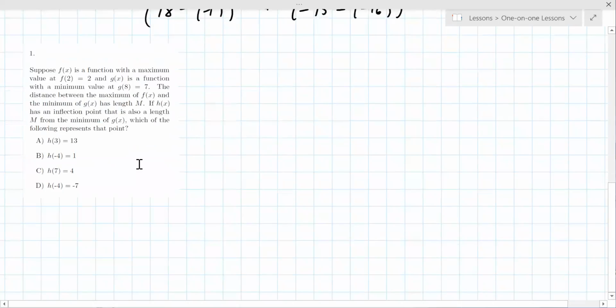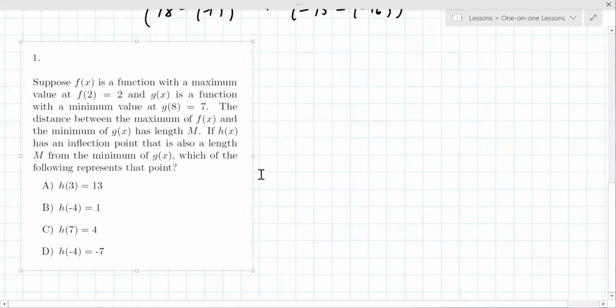So let's look at this question. It comes from a different exam, but it's the same idea here.